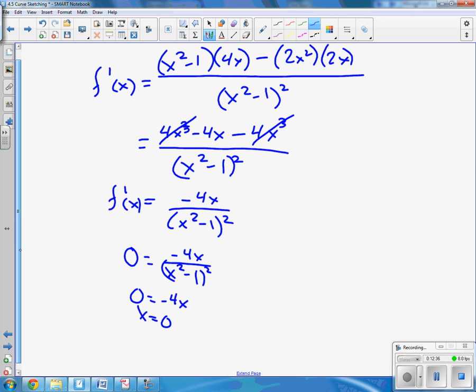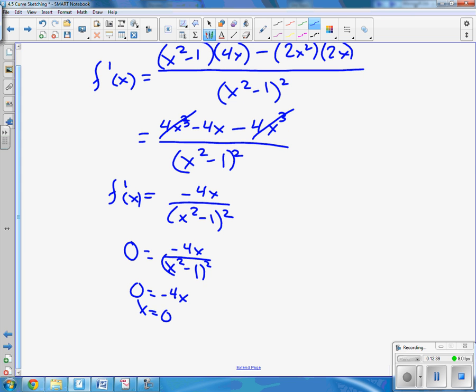Okay, well, looking at my derivative that I have right here, when I consider plugging in negative numbers, I know that the numerator is going to end up positive, and the denominator, since it's squared, is always going to be positive.